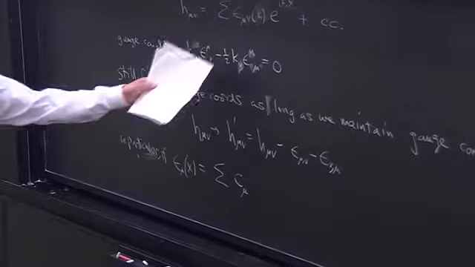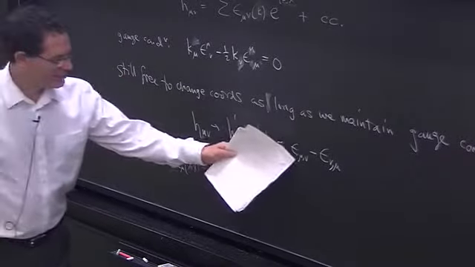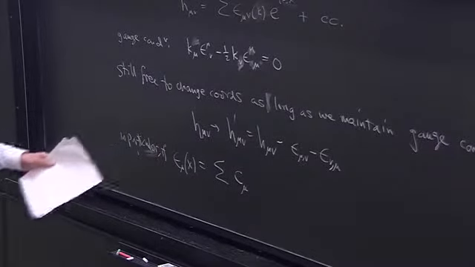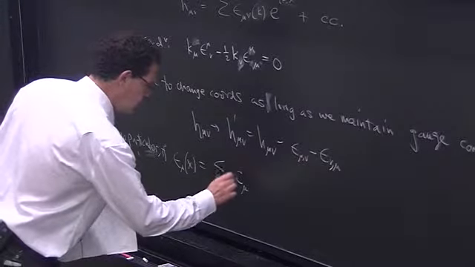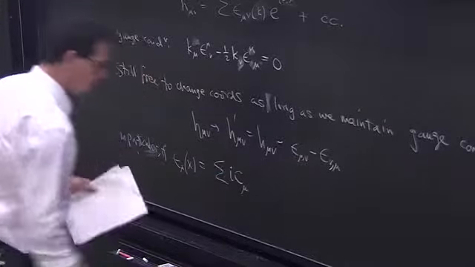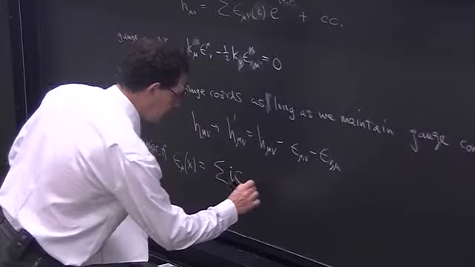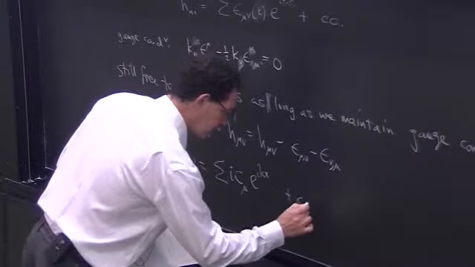Epsilon mu nu has nothing to do with epsilon mu here, right? These are vectors. This is a tensor. So I'm going to choose the expansion coefficient to be c. I'm going to put an i here just to make the equations a little nicer. e to the i k x plus complex conjugate.